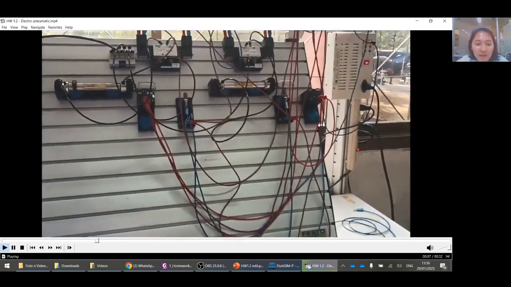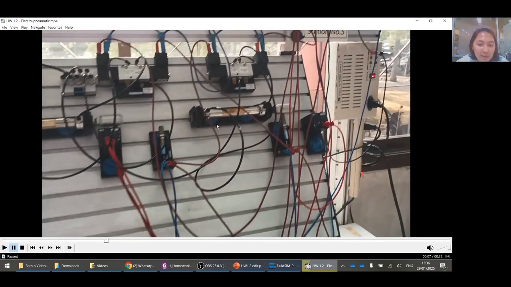This is cylinder A, cylinder B, and this is limit switch A0, A1, and this is B0, and this is B1.